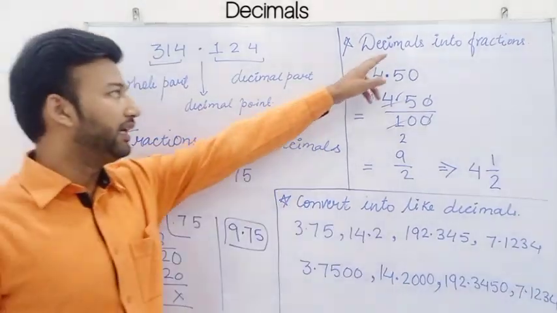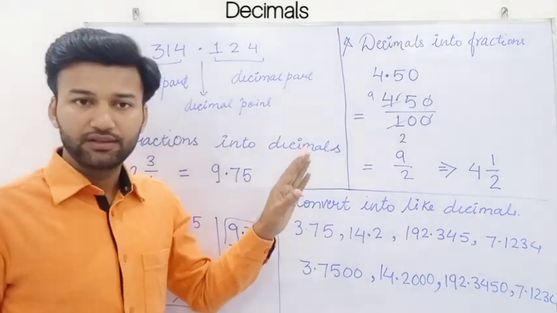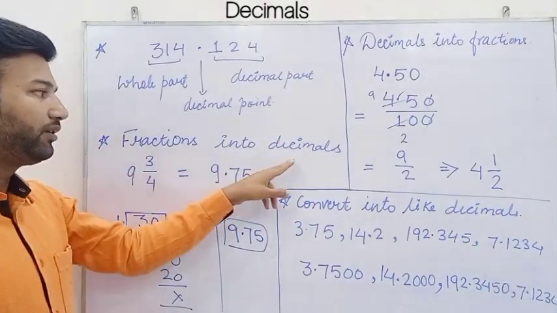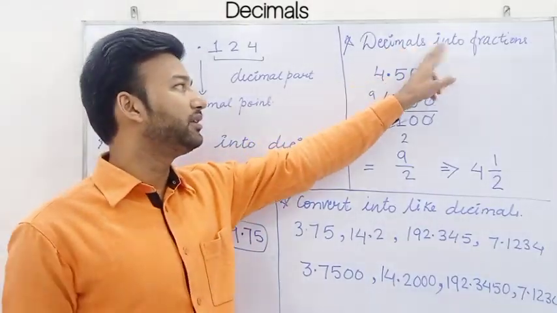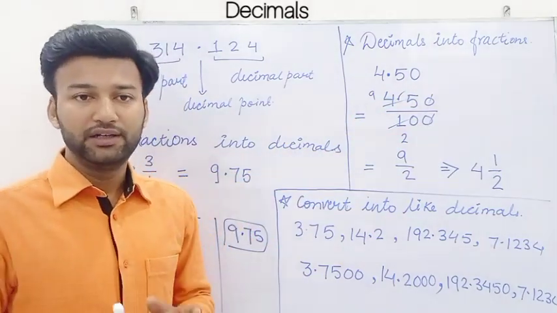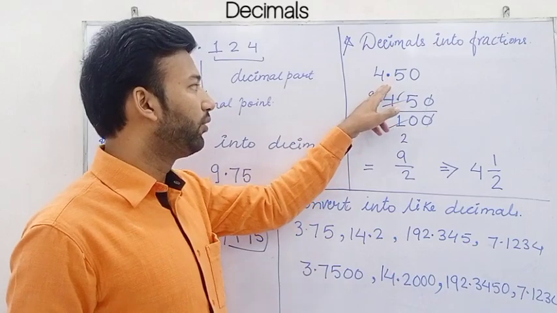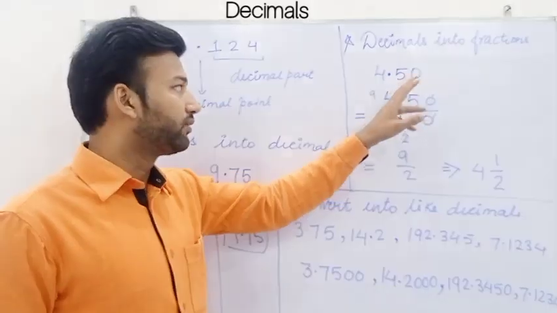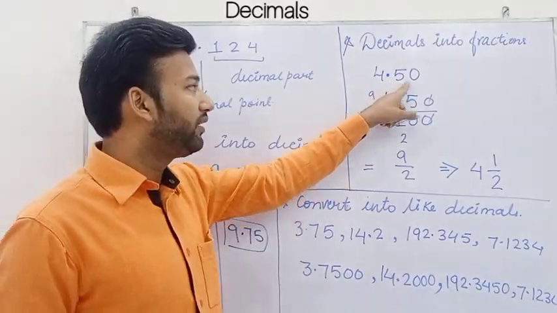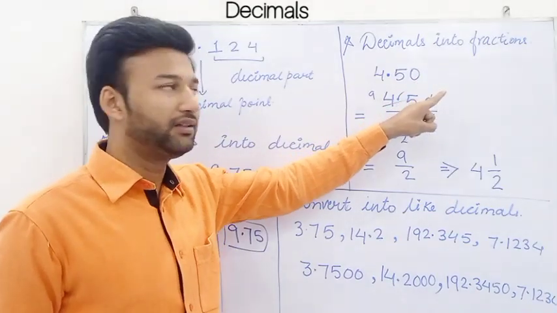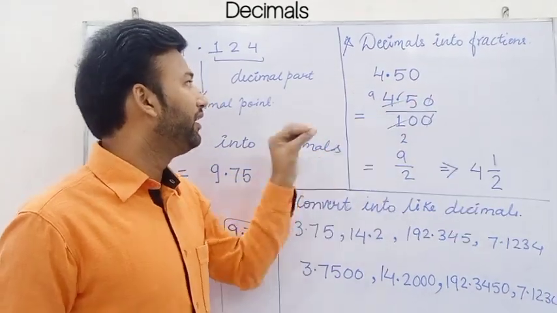Next, decimals into fractions. Now, this was fractions into decimals. Now, next part, decimals into fractions. How to convert a decimal number into a fractional number. See, the question is 4.50. First we will check how many digits are there after the decimal, or we can say in the decimal part.